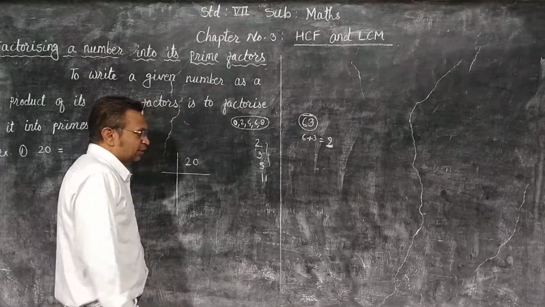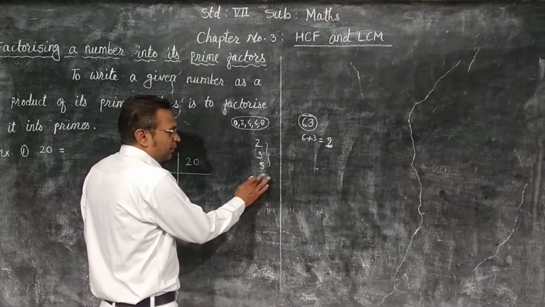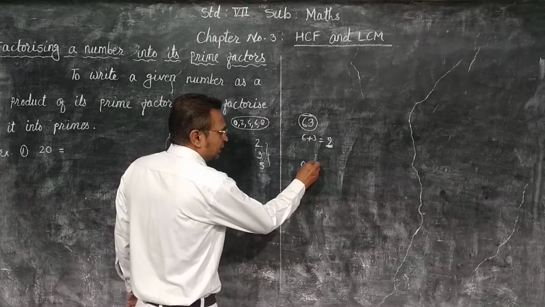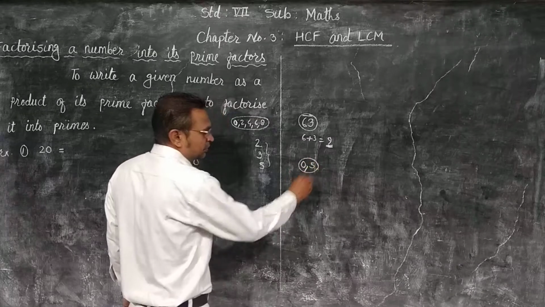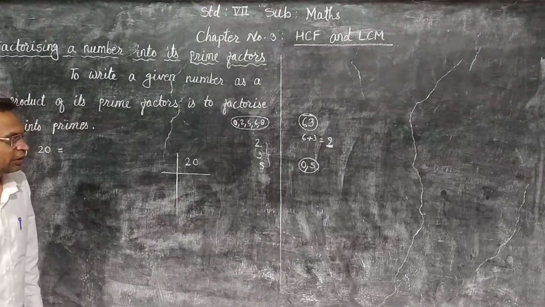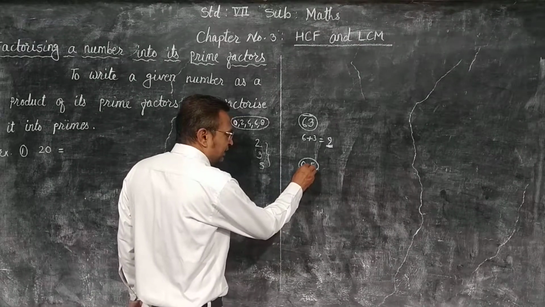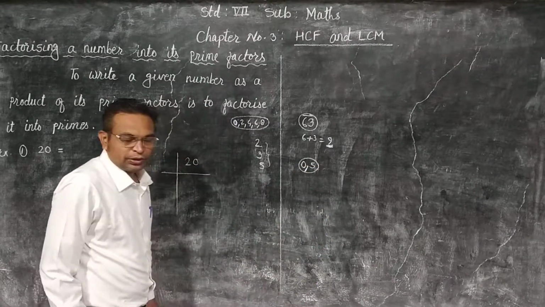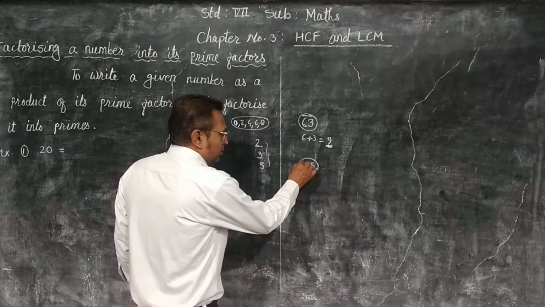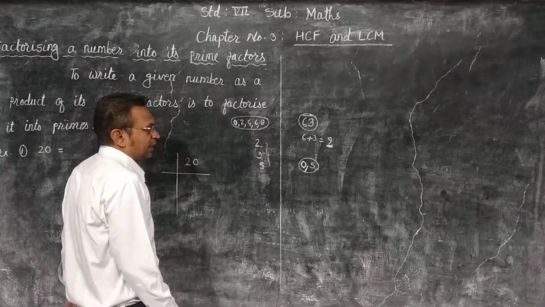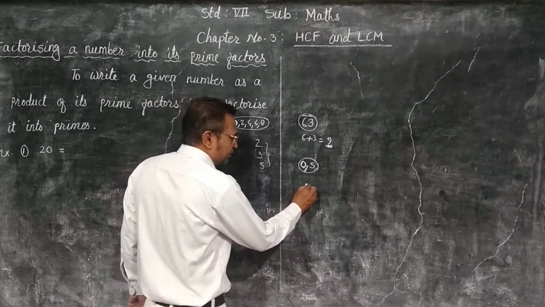What is the test of 5? If the given number has 0 or 5 in its unit place, then that number is divisible by 5.